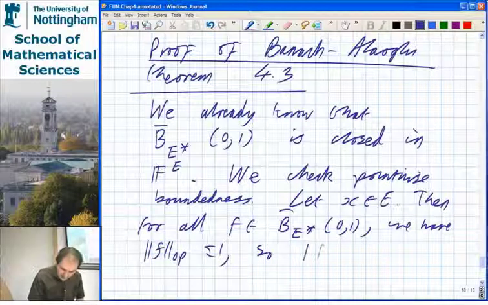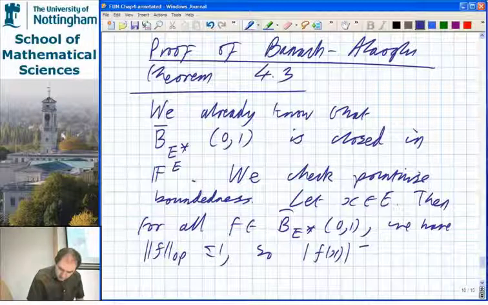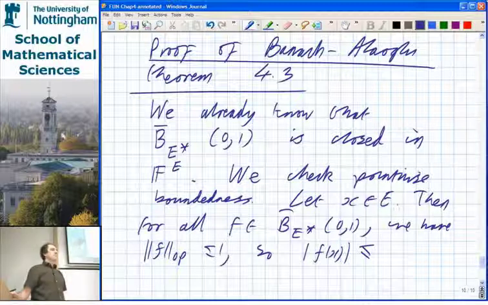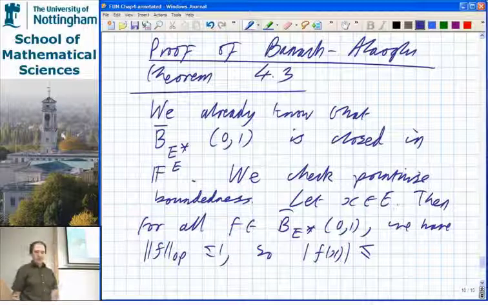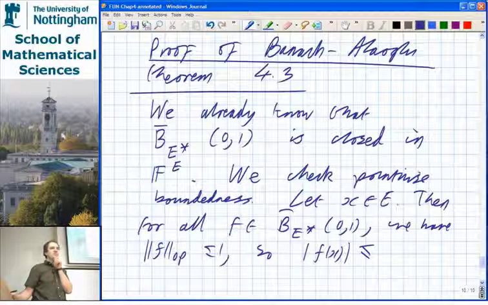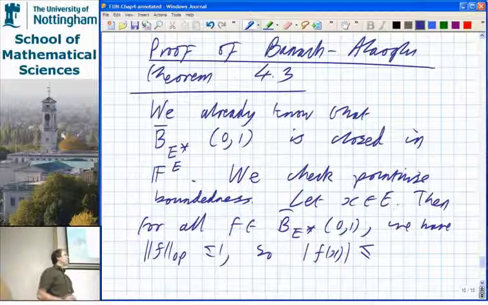So modulus of f of x is less than or equal to what? This is a linear map. I would normally have used phi, but I'm using f at the moment. If f has operator norm 1, what's the most that modulus f of x can be? The norm of x, yes, that's right.